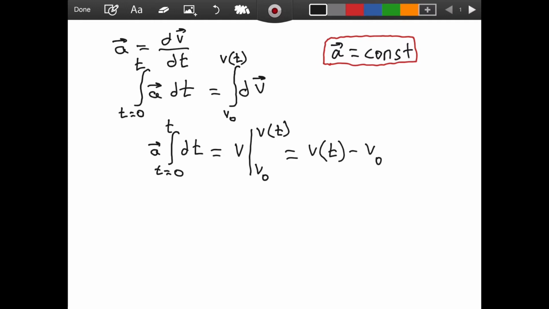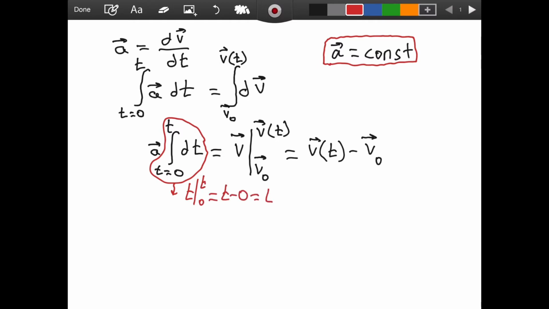I forgot to say, but these are all vectors, of course. Now, for the second integral on the left, this will give us t, and when we do t minus 0, we simply get t.